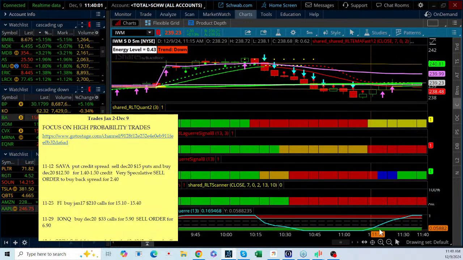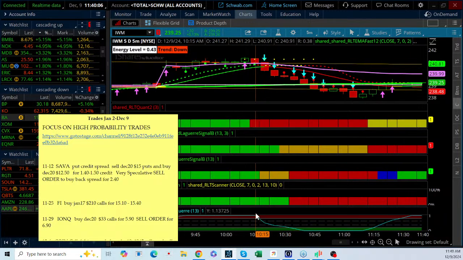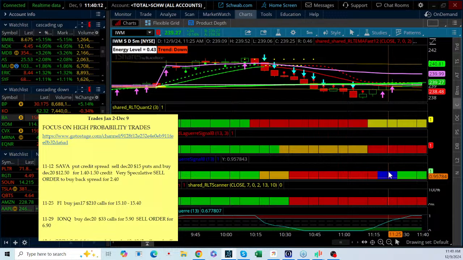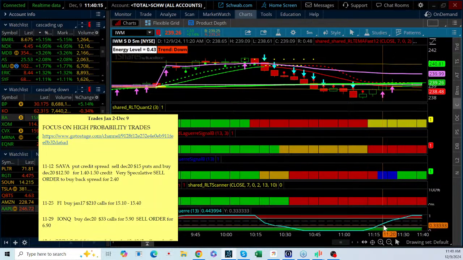Now I do have the actual momentum indicator on here, which I could probably take off, which would give us a little bit more room. But I like to see it, because when I get a color change, I can also see what kind of slope I've got.